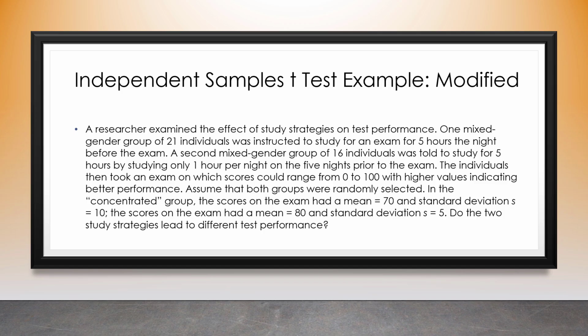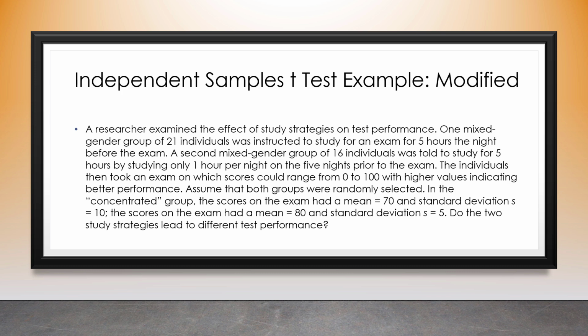A second mixed gender group of 16 individuals were instructed to study for 1 hour per night across 5 nights. The individuals then took an exam scored from 0 to 100, with higher values indicating better performance. Assume that both groups were randomly selected.